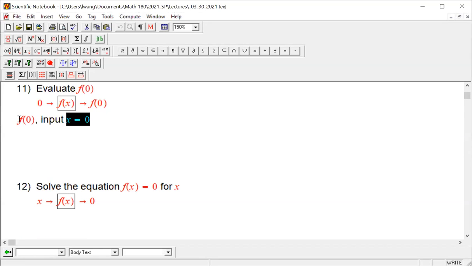Yes. So the other thing is f of 0 is something: the input x equals 0, this vertical line. Let me just write it down. This vertical line x equals 0 crosses the curve, the parabola.